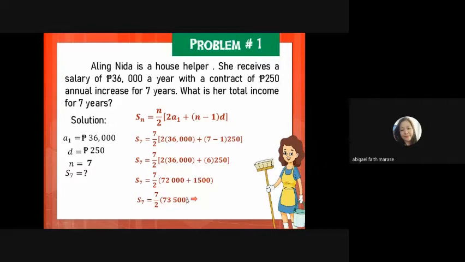Multiplying it to 7 over 2 will arrive with 257,250. So this means that Alinida will receive the total of 257,250 pesos for 7 years following the contract given to her. Okay? So I hope you follow this.